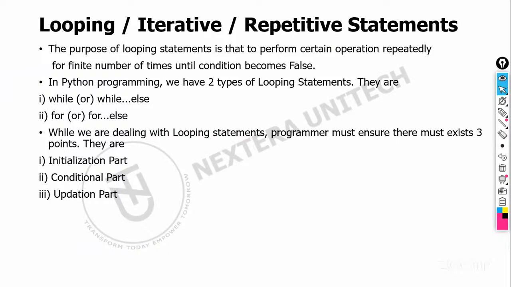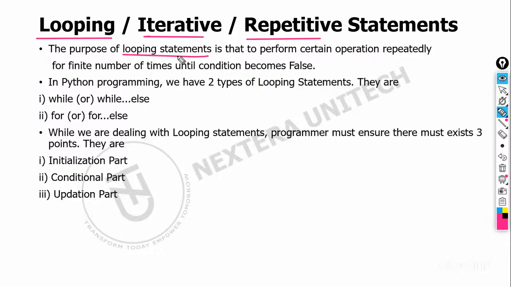Let us start the topic. It is looping or iterative, also called repetitive statements. Let us understand the purpose of looping statements in Python. Why should we use looping statements?